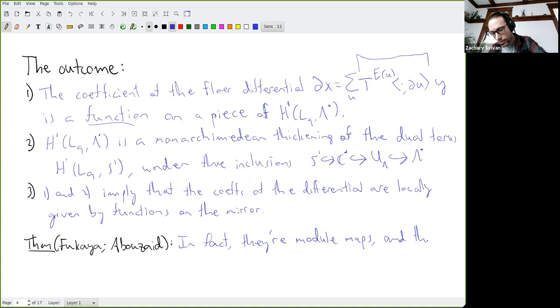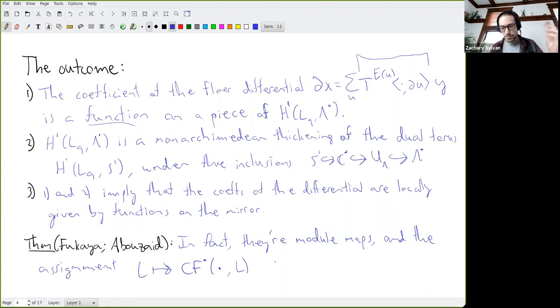And the assignment L goes to CF star of, I wrote it the other way, but this time I'm going to switch, I guess, because otherwise it's not covariant. Well, depends on your variance, I guess. I'm just going to write it this way.